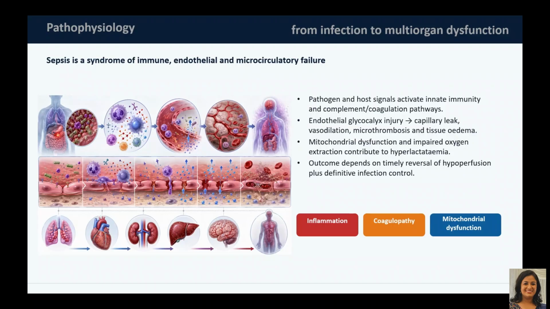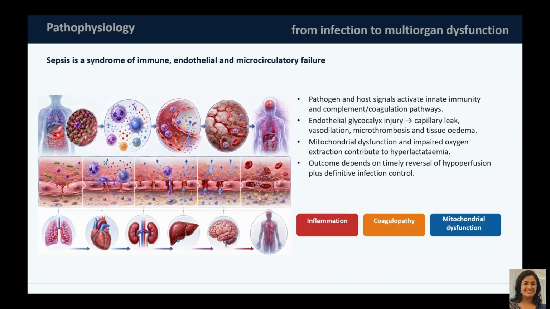In sepsis, what happens is that there is a surge of complements and activation of the coagulation pathway. So whenever you have sepsis, you say that there is a cytokine storm. This cytokine storm, or the dysregulated activation of the immune system, basically disrupts your endothelium.